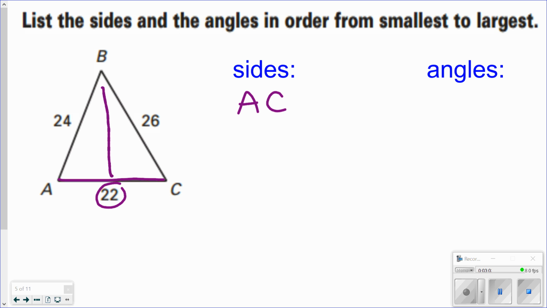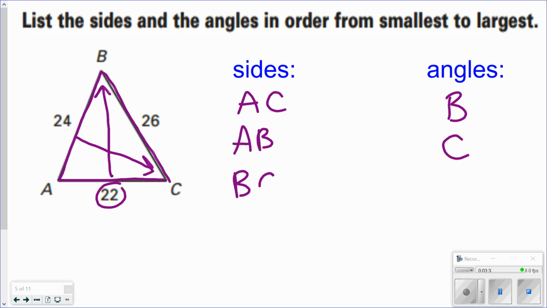Opposite of the shortest side would be the smallest angle, which is angle B. The next largest side is 24, which is side AB, which means the angle in the middle would be angle C. And finally, our longest side of the triangle is 26, which is side BC, meaning that our largest angle would be angle A.